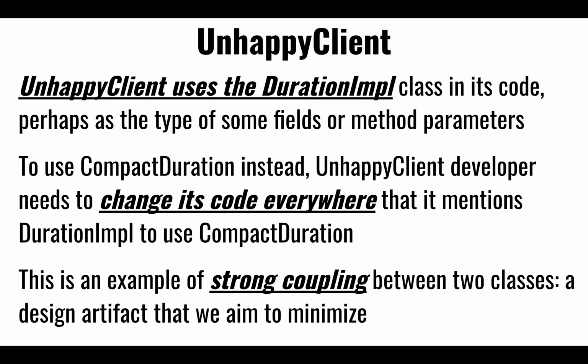Is there anything you can do to help prevent this unhappy client, other than telling them to implement through the interface? Or if they do that, are they just shooting themselves? Well, we'll see a technique called the factory design pattern, where you delegate that decision downstream, and depending on the particular use case or certain parameters that you pass in, somebody decides that this is the best choice for your particular implementation.